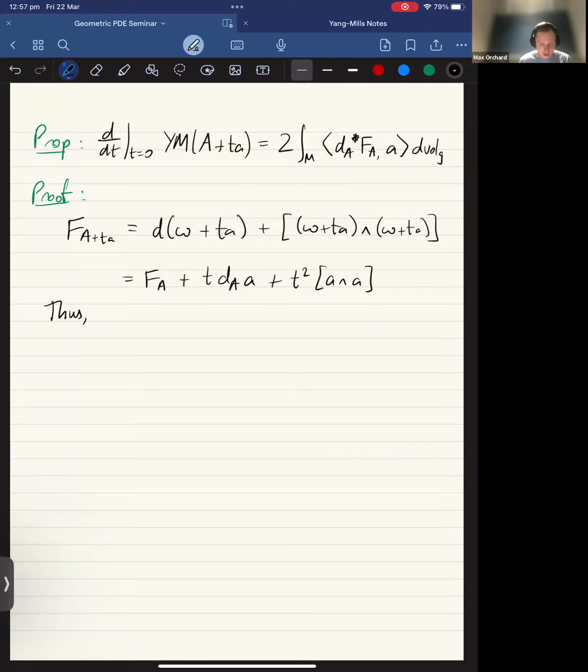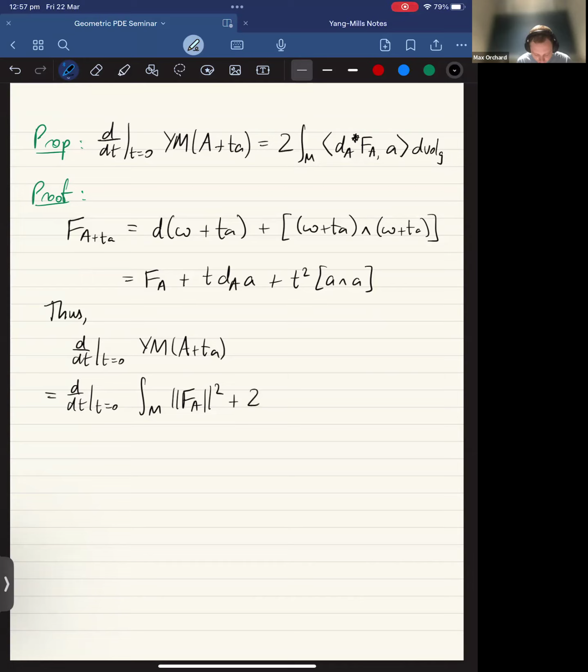Thus, if we want to look at the Yang-Mills functional of this perturbed connection, this is going to be equal to this integral here, which, just by the linearity of everything, is going to be the norm of the original curvature plus some sort of perturbation.